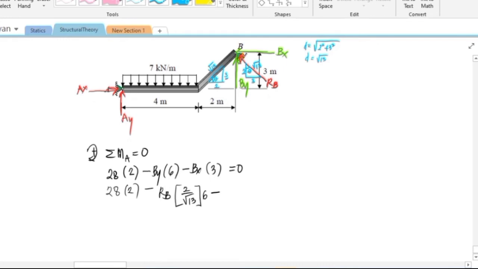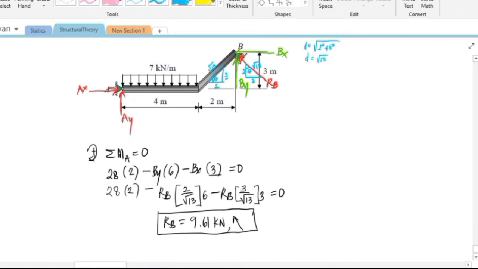So, si BX is RB multiplied by the horizontal component, that is 3 over the diagonal square root of 13 times distance 3 is equal to 0. So, computing for the value of the RB, then we have the RB which is equal to 9.61 kilonewton positive. So, tama yung assumption natin. And this answer is just the same sa answer natin kanina.